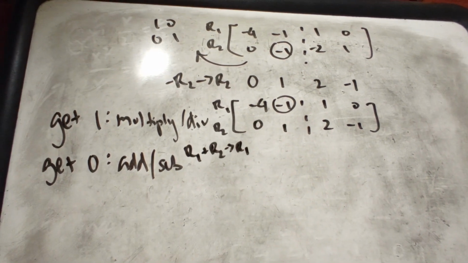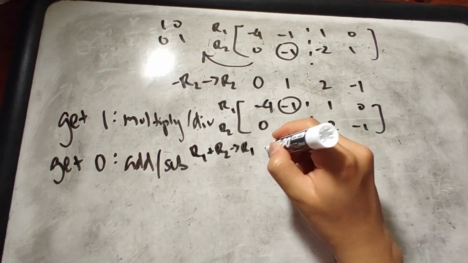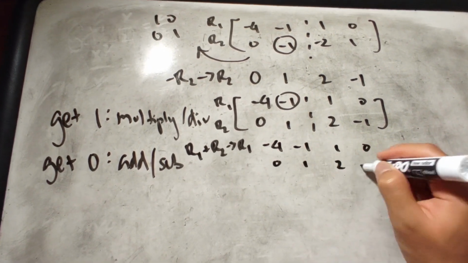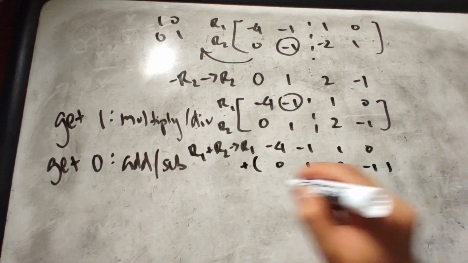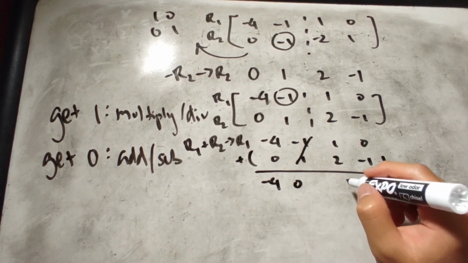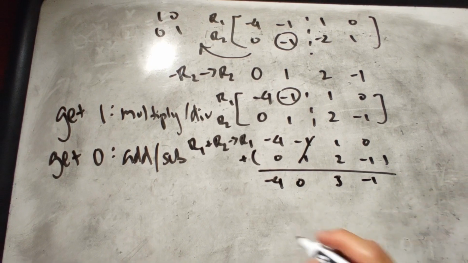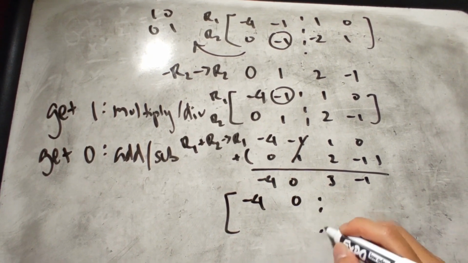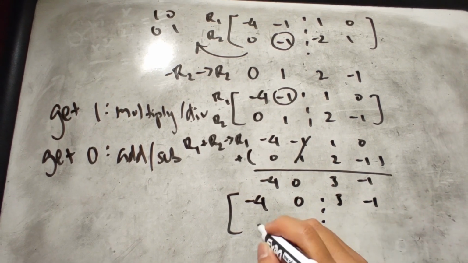And row 1 plus row 2 will equal the new row 1. So here we go. This would be negative 4, this would be 0, this would be 3, and this would be negative 1. And that's our new row 1.